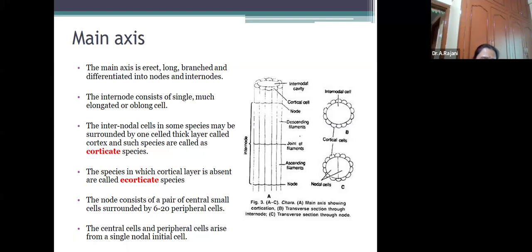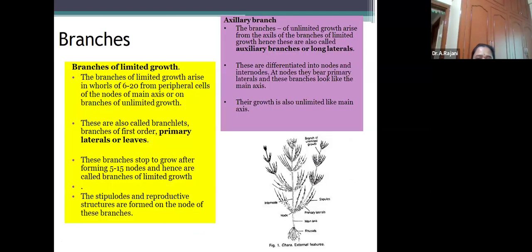A node is a group of irregularly arranged cells. From the nodal region, two types of branches are produced. What are the two types of branches? See, in this picture, this is the main axis. This part is called the node part, and in between nodes, this part is called the internode part.